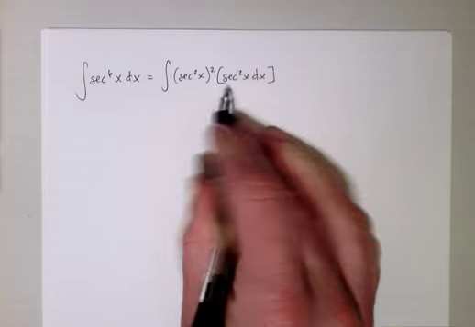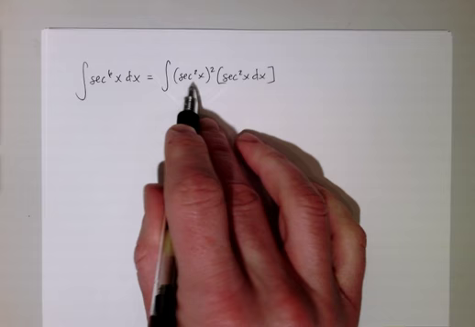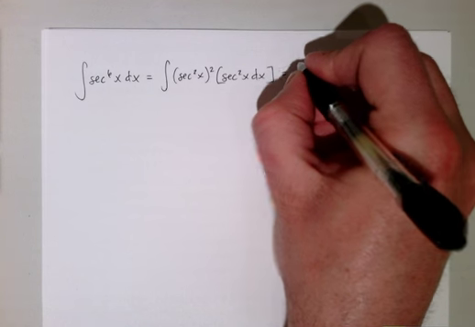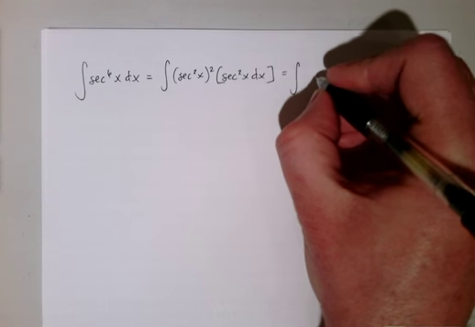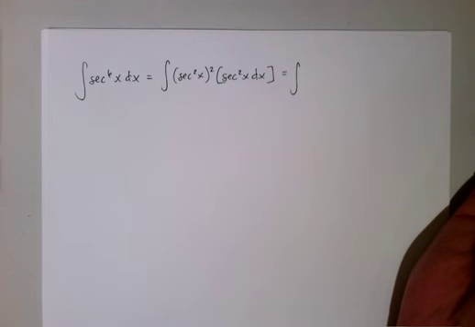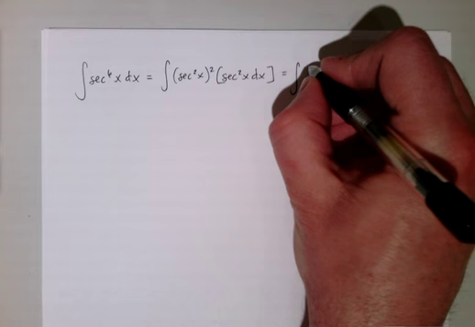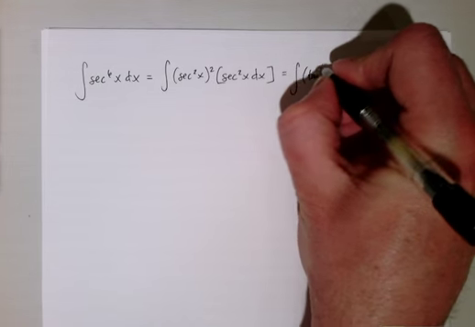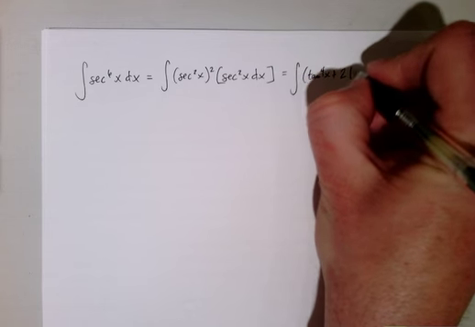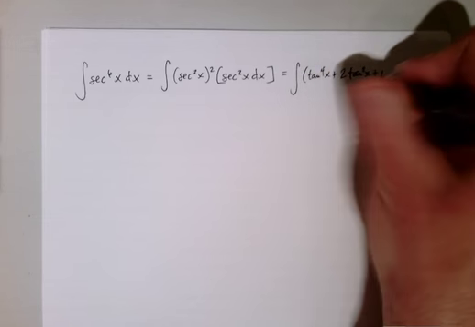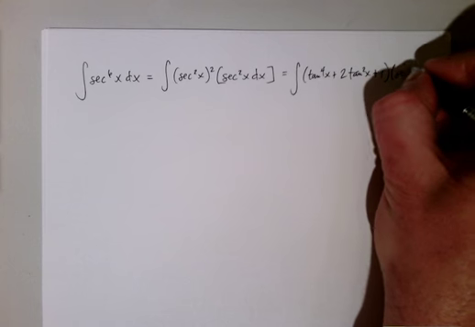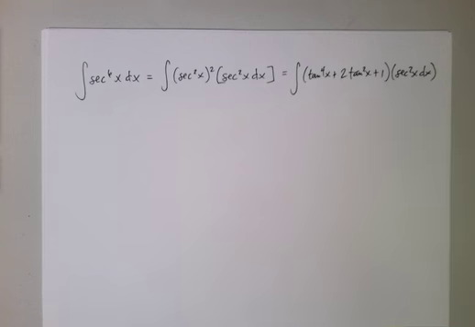And this in the brackets becomes my du when I inevitably change that secant squared into its tangent equivalent. And once that becomes tangent squared x plus 1, and I FOIL it, it wound up being tangent to the 4th x plus 2 tangent squared x plus 1 times secant squared x dx.